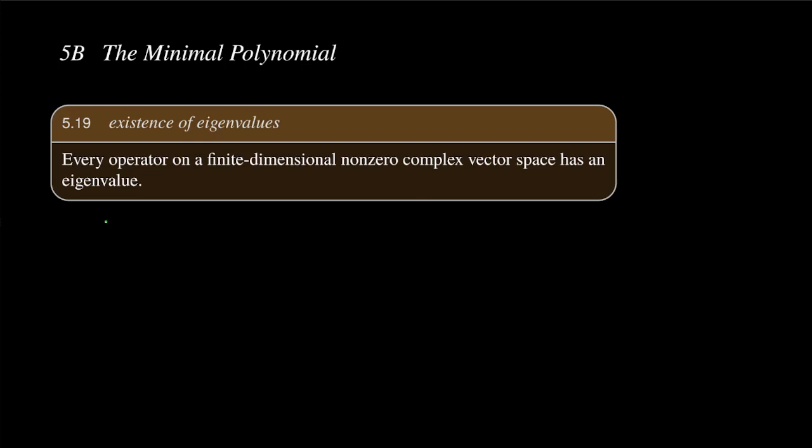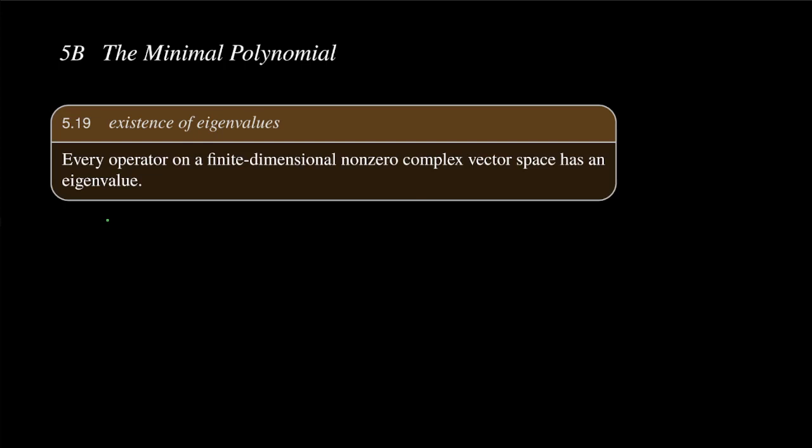And then on those small chunks, the operator is much easier to understand. If they're one-dimensional, then it's super simple to understand. It's just multiplication. This lets us understand the operators on a vector space in terms of something much simpler, and that will be what we'll build to.